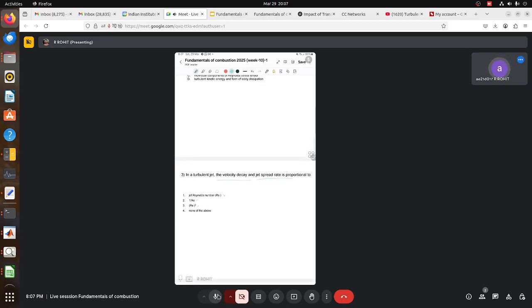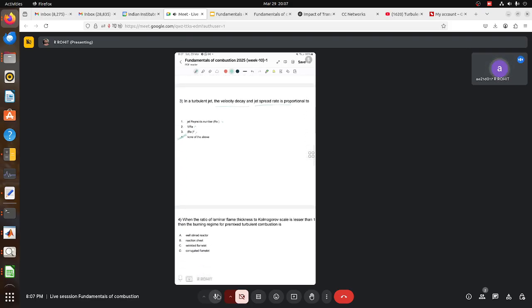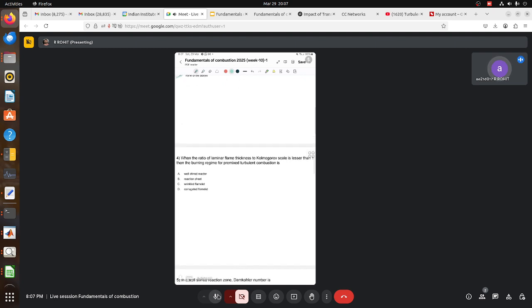So it should be none of the above. In a turbulent jet, the velocity decay and jet spread rate are not directly proportional to the Reynolds number or 1 by Reynolds. That should be your answer. Now if you move on to the next question.